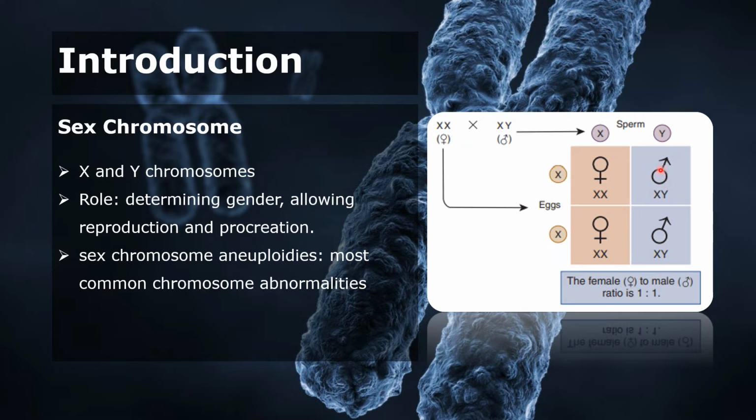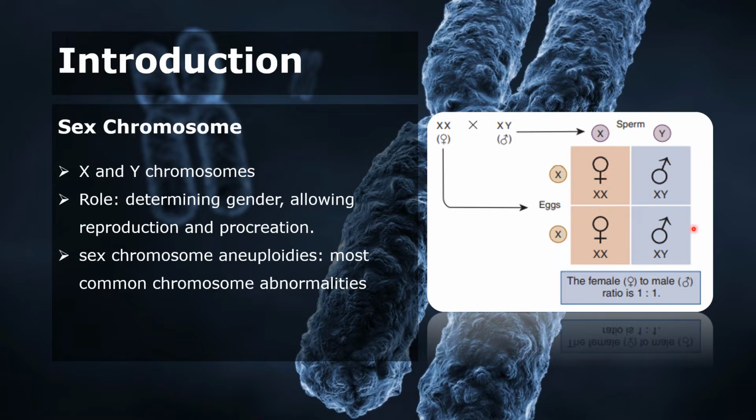Okay, so this is the result of a crisscross pattern of inheritance of the X chromosome, in which a male receives his X chromosome from his mother and transmits it only to his daughter.